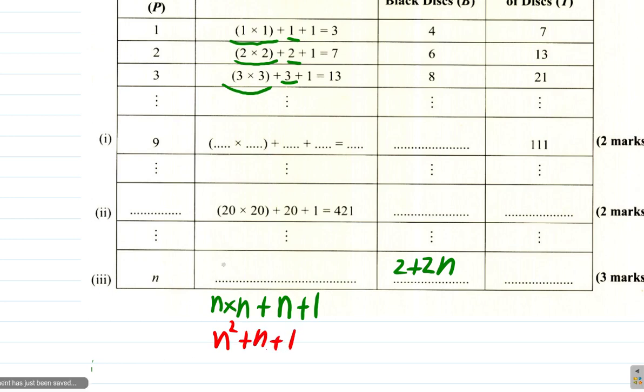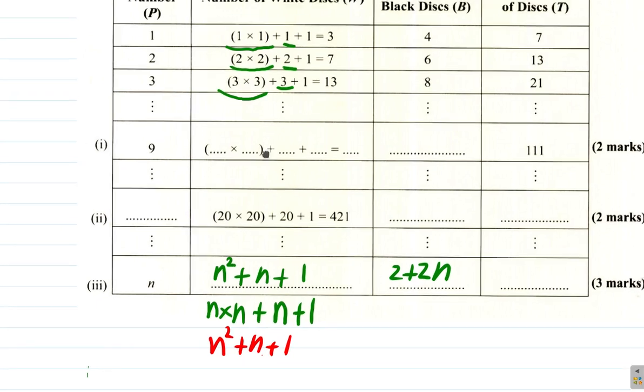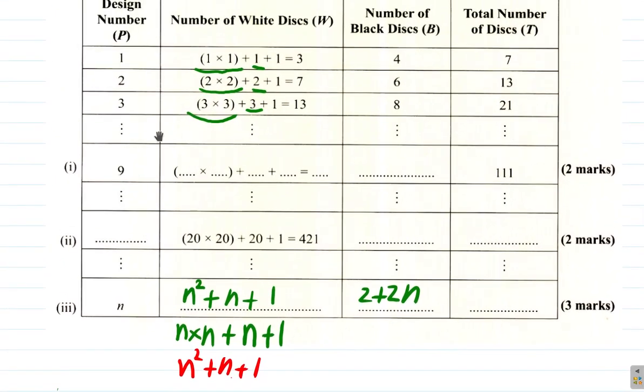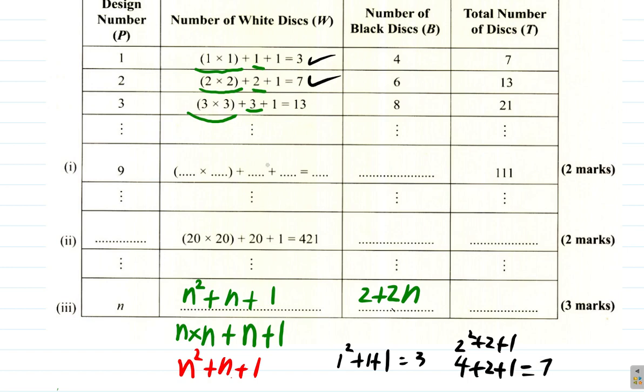So let us write n squared plus n plus 1 and test it up here. For us to get 3 white disks from design 1, it is 1 squared plus 1 plus 1, which will be 3. Good, we have this 3. 2 squared plus 2 plus 1, which is 4 plus 2 plus 1, which is 4 and 2, 6 and 1, 7. So this is okay.